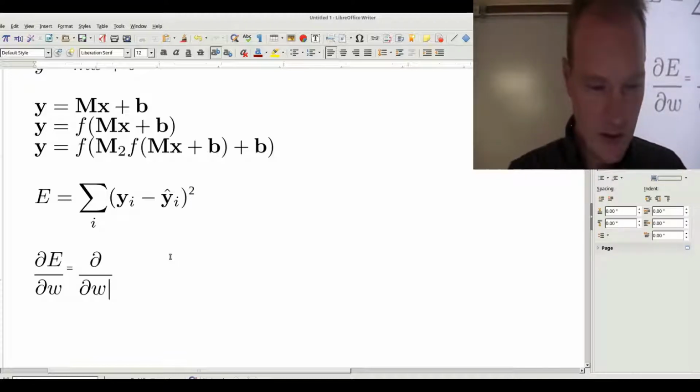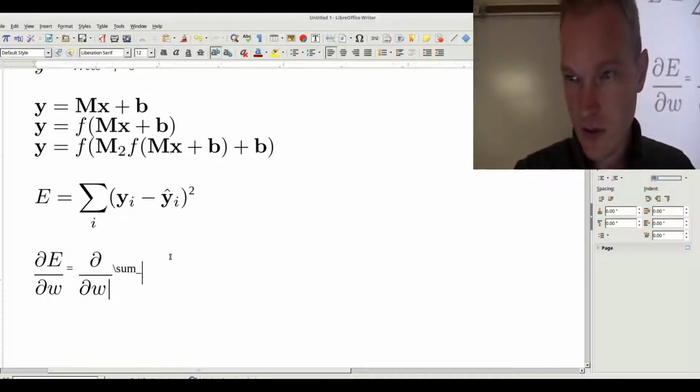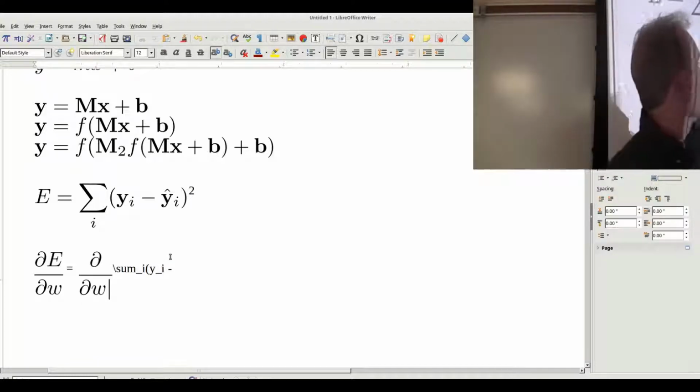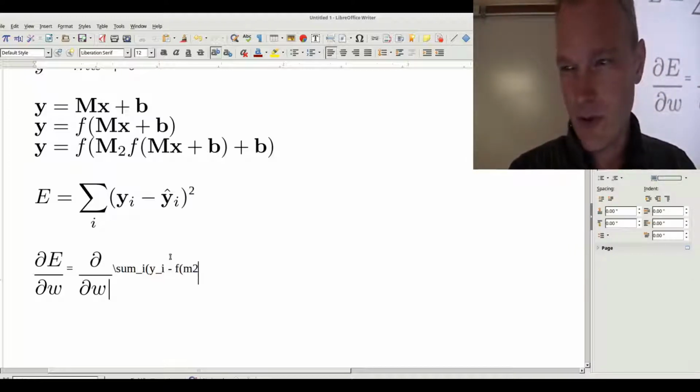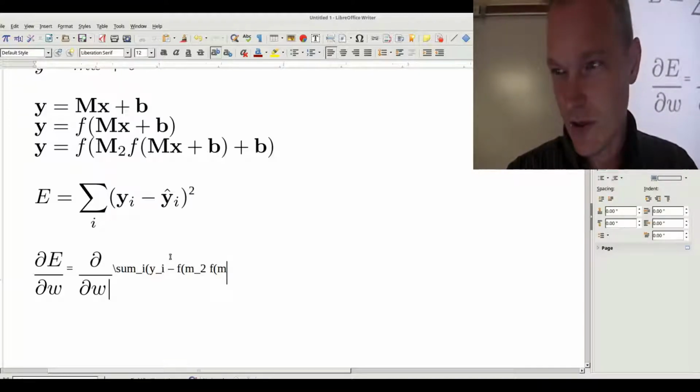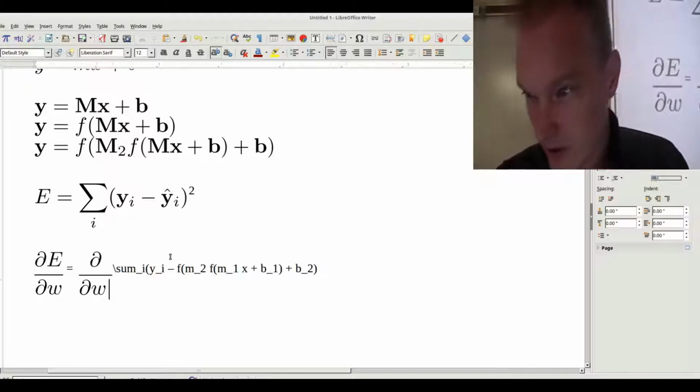It's the partial derivative of the sum over i of y sub i minus, and I'm going to replace y hat with f of m2 times f of m1 times x plus b sub 1, plus b sub 2.